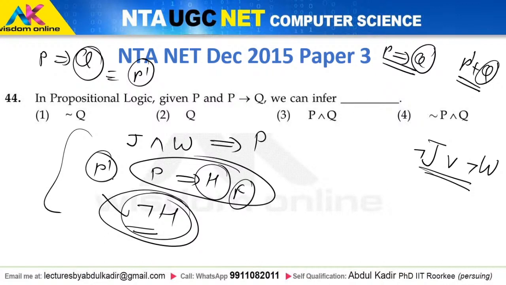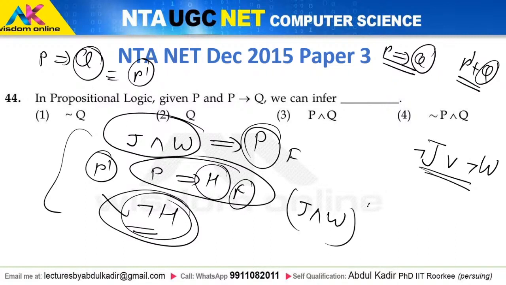P dash means not promoted. Not promoted means P has become false, because P dash is true. Because this P is false, J and W will become false.